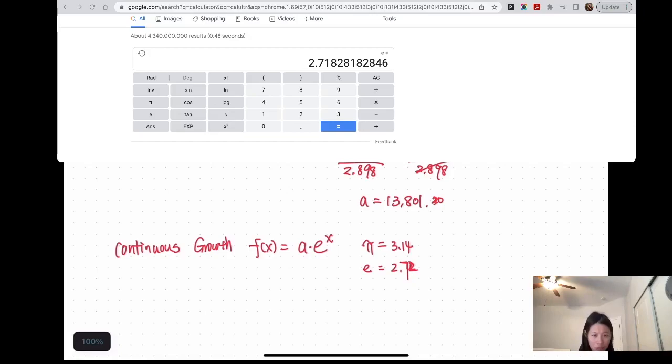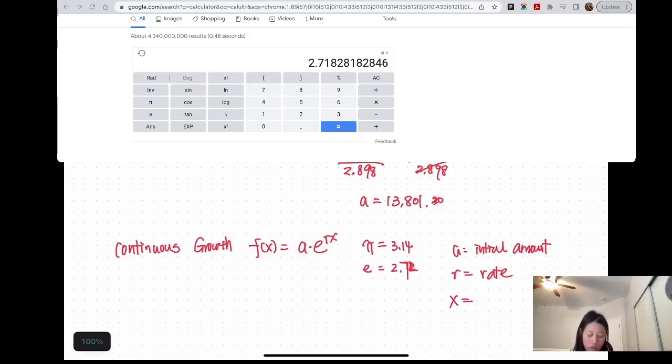But anyway, other than that, A still is the initial amount, initial quantity, and x, which is in the exponent, sometimes they use t, is the time, oh sorry, rate. This is the rate. Also x is the time, but I think we're more comfortable with using t.